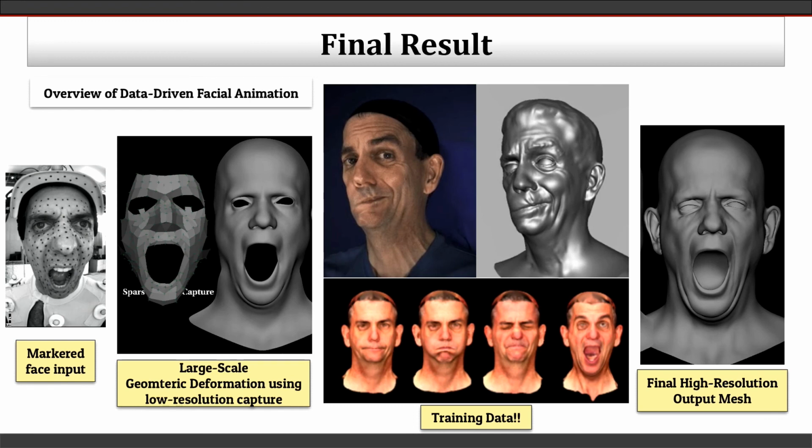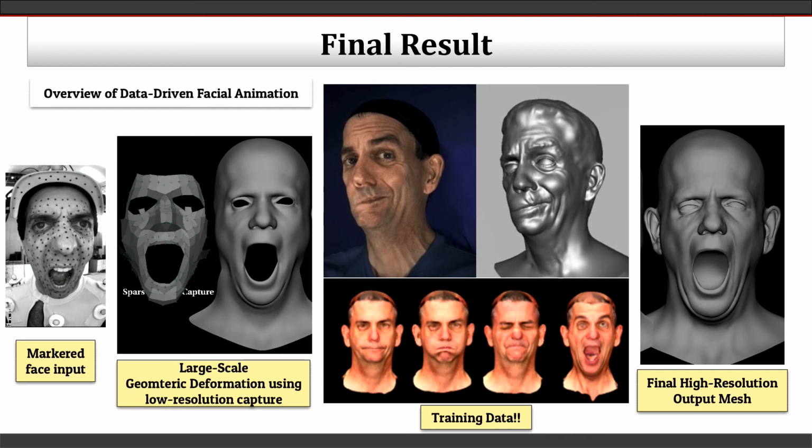So as an overview of the entire process, we have a markered face input, and we use traditional computer vision techniques to 3D triangulate the markers on the face to get a marker mask, which then drives a neutral mesh using geometric deformations only, getting us the large-scale geometric shape of the actor's face.